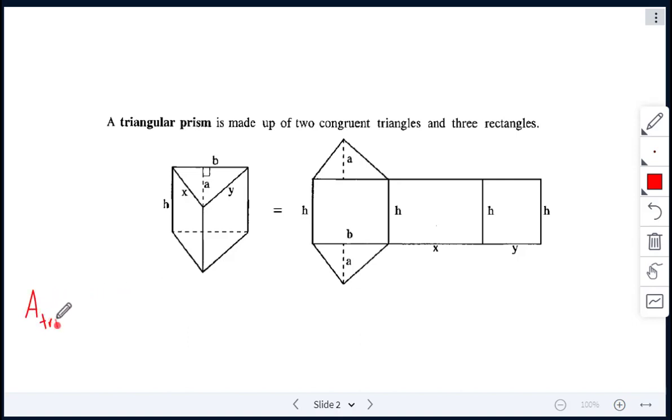Area of a triangle is half base times height. So we do need to know those two to calculate the area of a triangle. And then for the three rectangles, it's just length times the width. Now, because this triangle has three different sides, they are labeled as X, Y, and then the B for the base.